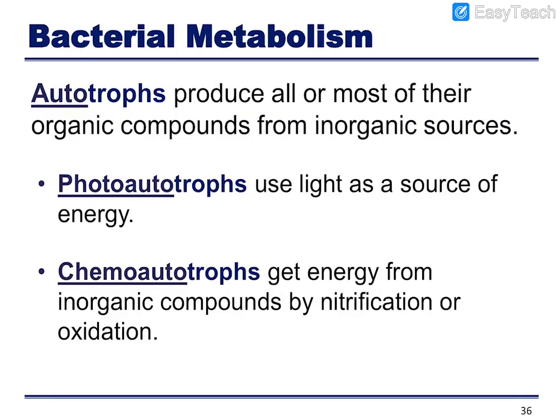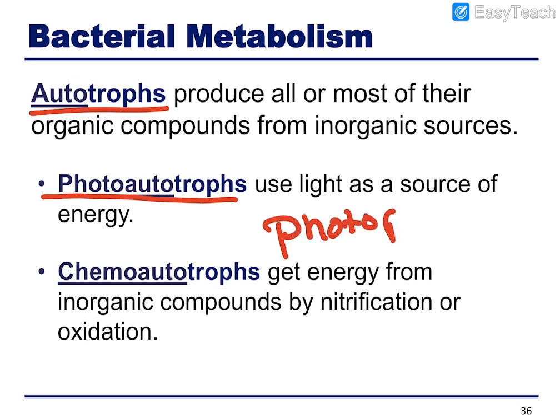Now let's talk about cell metabolism and the diversity of such. When we're talking about metabolism, there's several categories we need to go over. Autotrophs, which you might have heard of before, produce all or most of their own organic compounds from inorganic sources. Photoautotrophs, which is the most commonly heard of, use light as a source of energy.